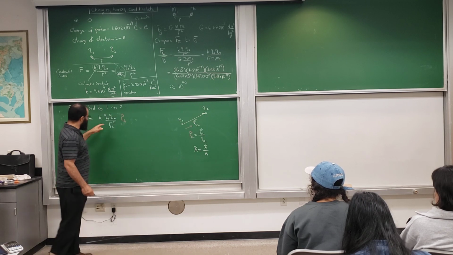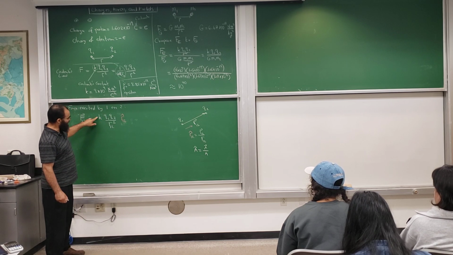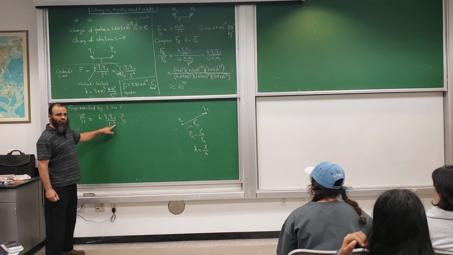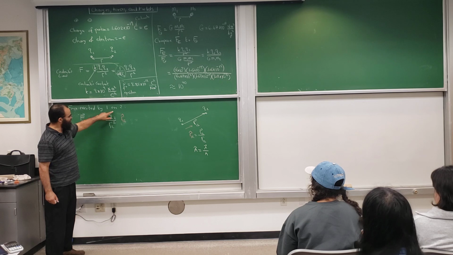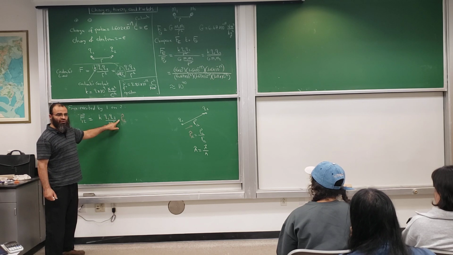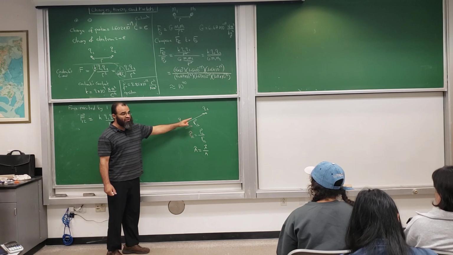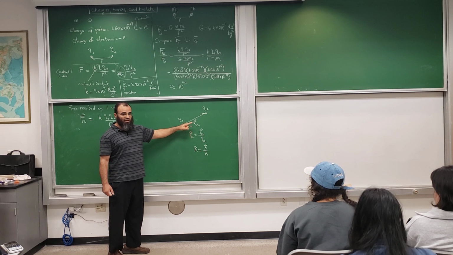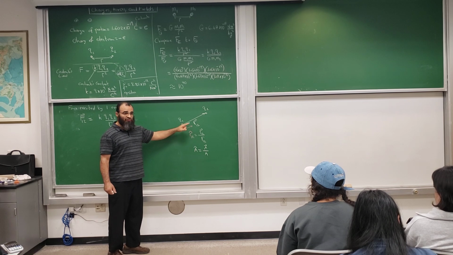If both are positive, K is positive, both charges are positive, the distance squared is also positive, so everything is positive. This is just a positive number times a unit vector that points that way, which gives another vector that still points that way, as long as the number is positive.